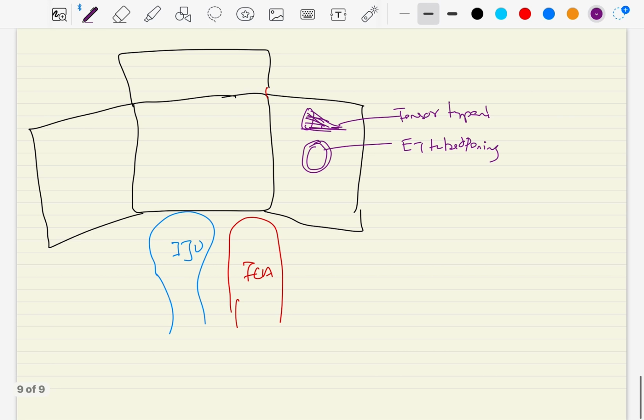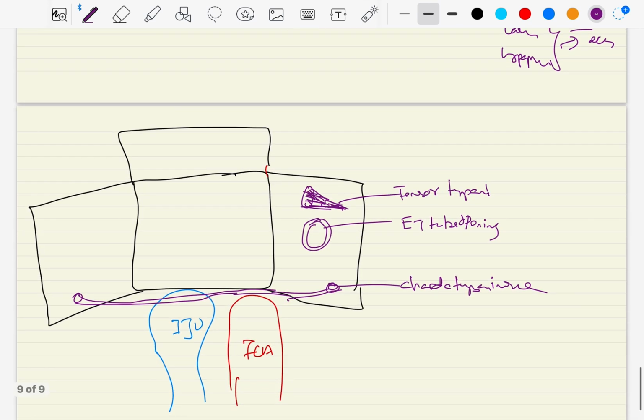It will be attached to the malleus. Then a nerve will come from the posterior canal through the EAC, through the lateral wall. Then there is the chorda tympani nerve. Okay, that's it for the anterior wall.